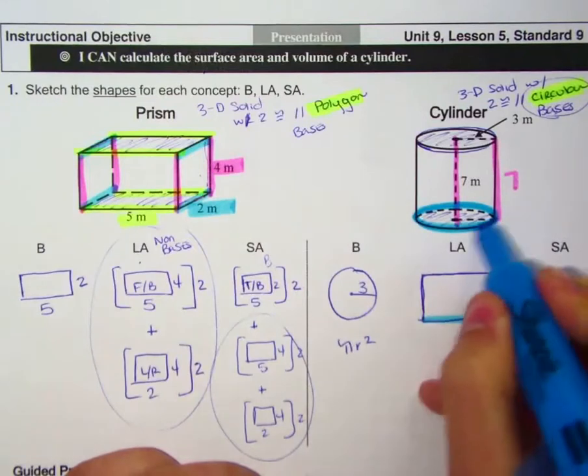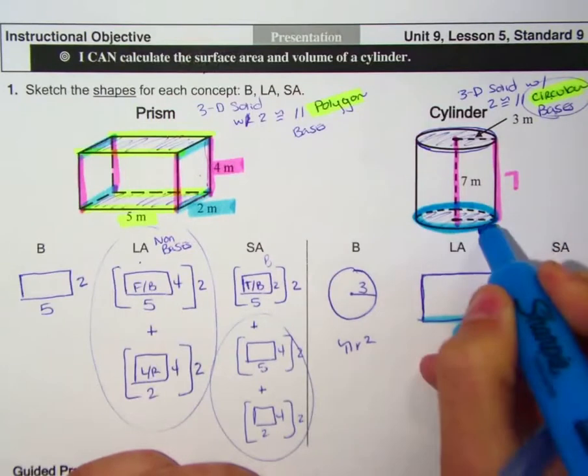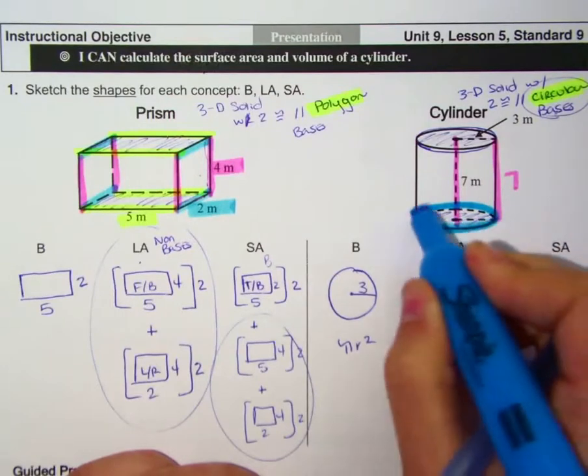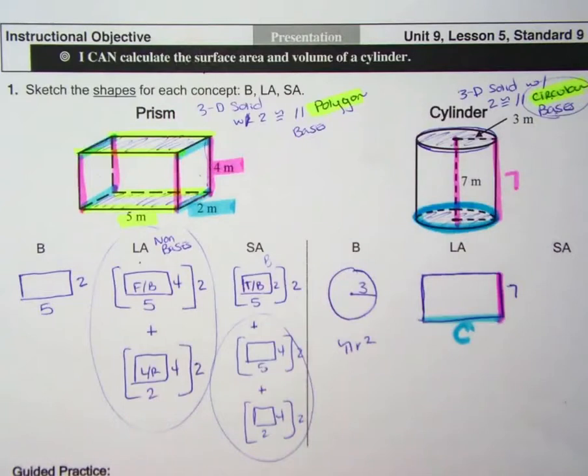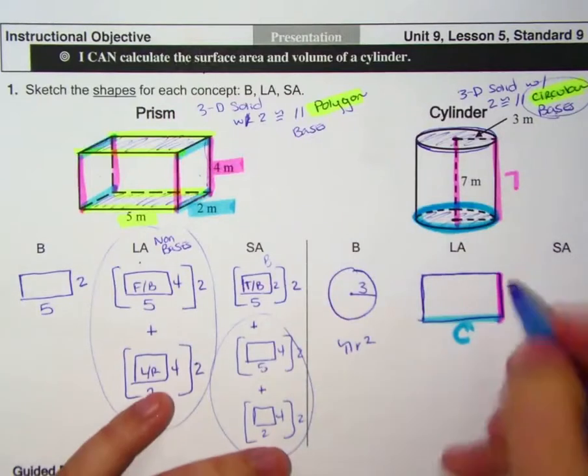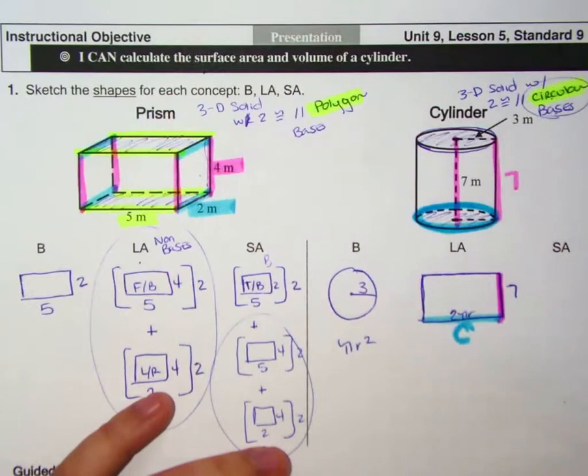And what is this distance around a circle? It's the circumference of the base, because it has to travel all the way around it. So this would be 2 pi r.